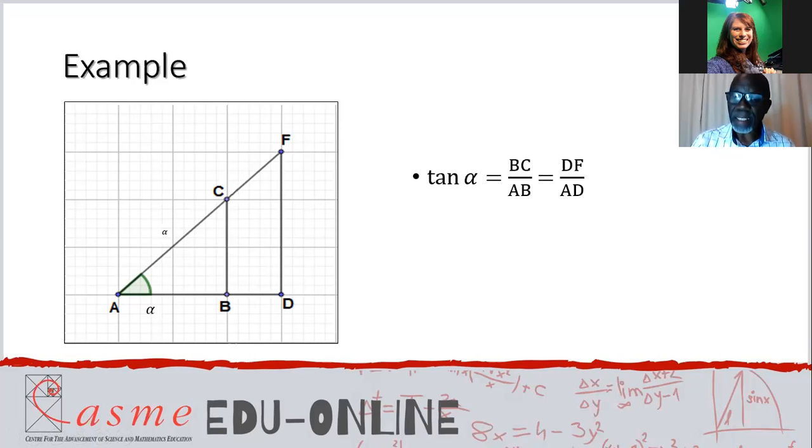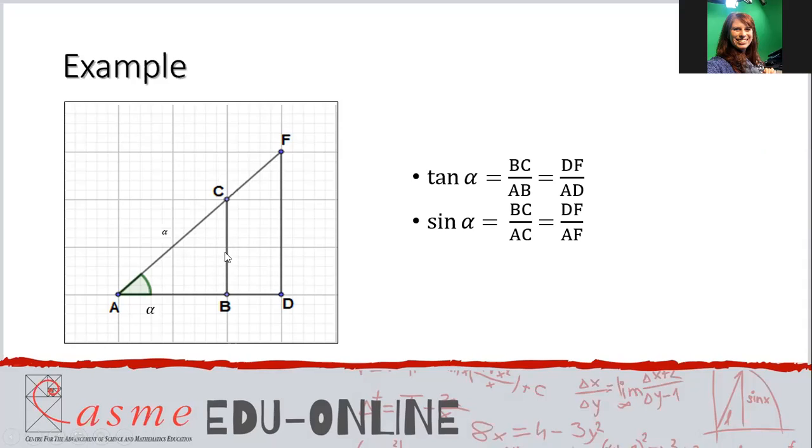We said the sine is given by the opposite side. So here, this is our angle alpha. The opposite side is BC over our hypotenuse, which is AC. Or else, if we're looking at the bigger triangle, the opposite side is DF and the hypotenuse is AF.